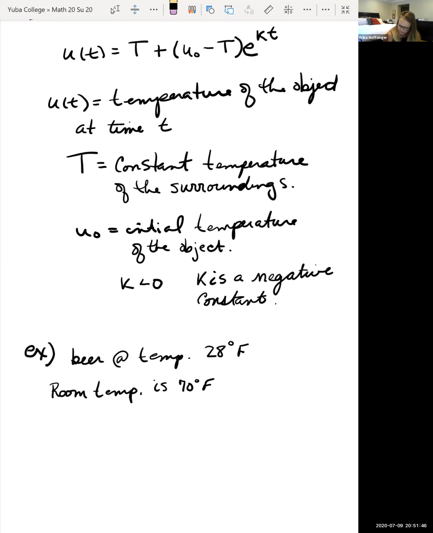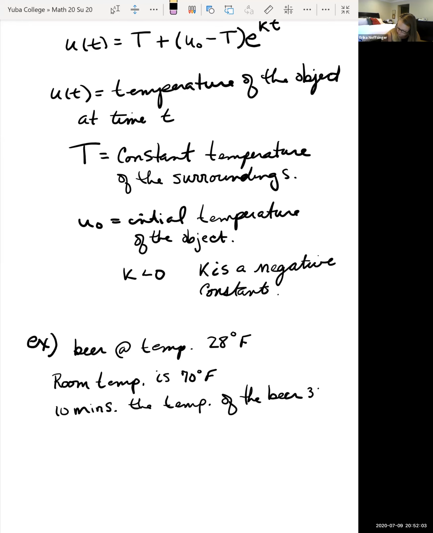After 10 minutes, the temperature of the beer is 35 degrees Fahrenheit.